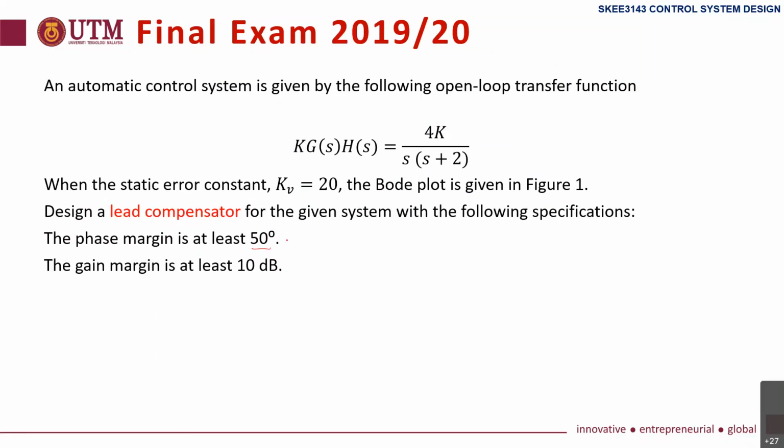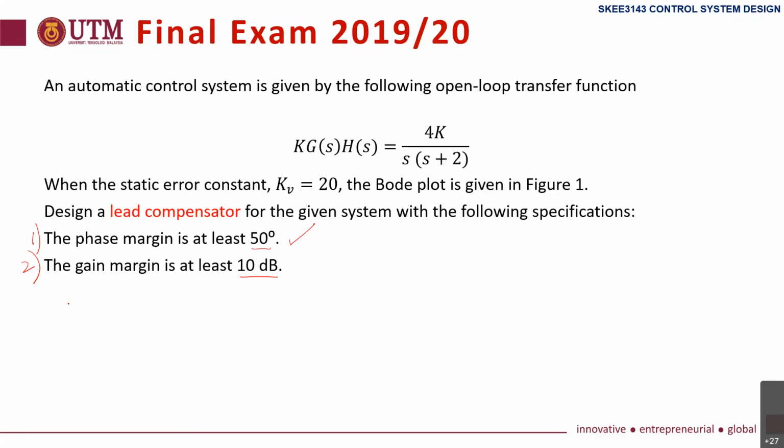Here it is phase margin 50 degrees. And there is another requirement, gain margin at least 10 dB. Actually, gain margin is not designed by the lead compensator, but perhaps here, if we improve by using the lead compensator, the gain margin can also be obtained as 10 dB. But again, the lead compensator, we will only design based on the phase margin.